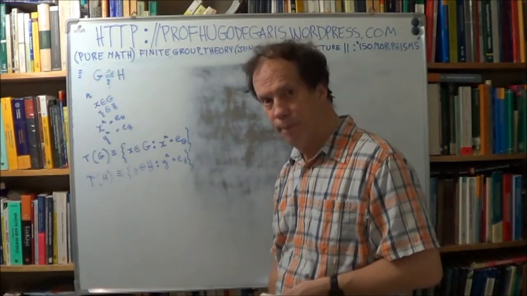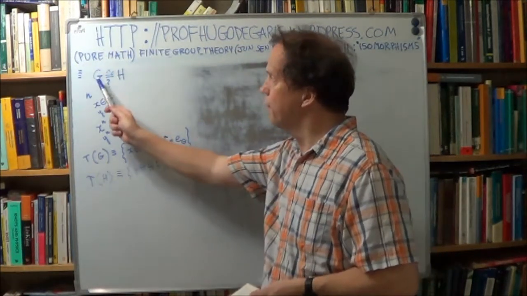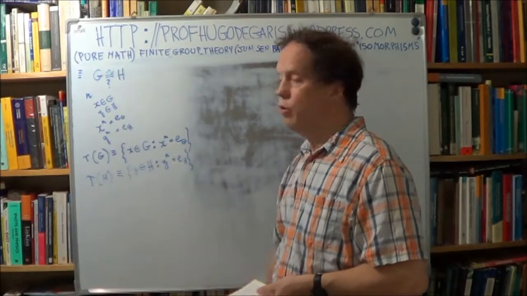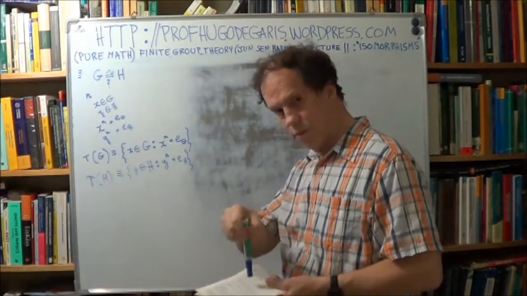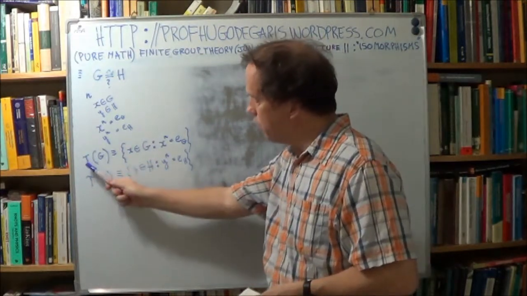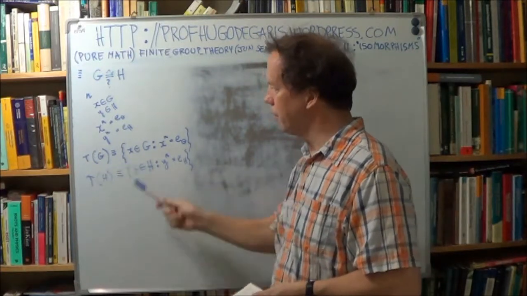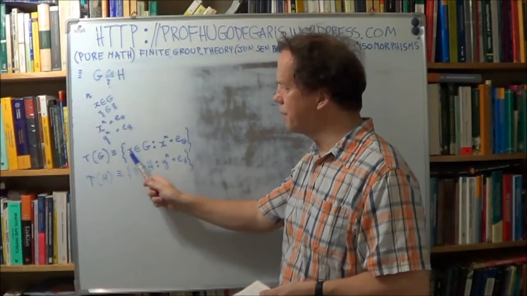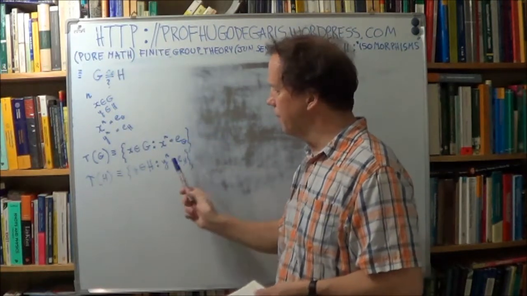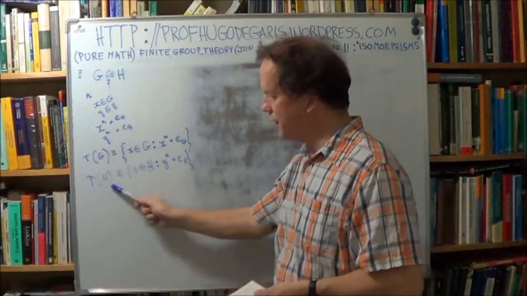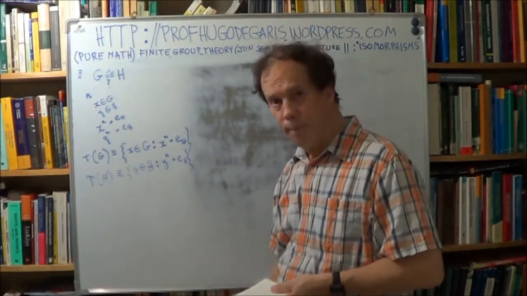are the same. Okay? I'll say it again. If these two groups are isomorphic, there's a theorem, it doesn't have a number, but you can actually prove that the size of this set, in other words the number of elements X that belong to G that have this property, and the size of the corresponding one for H are the same.